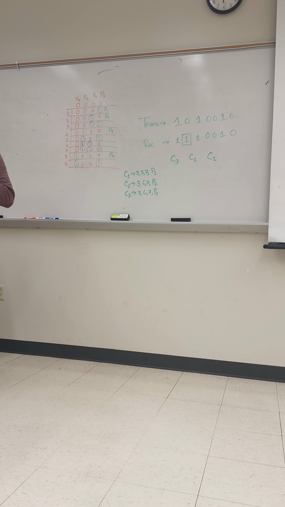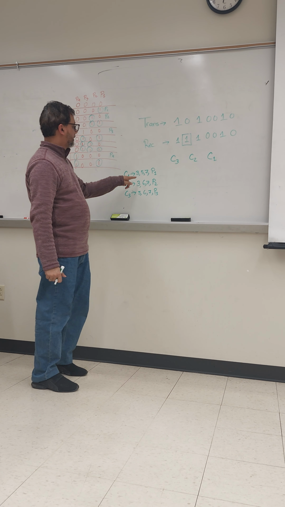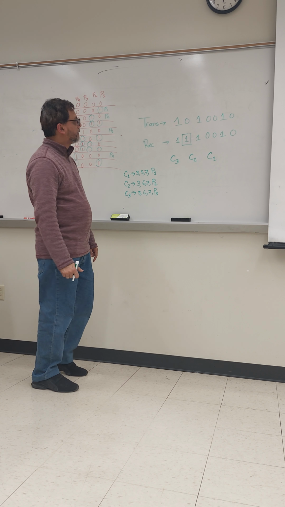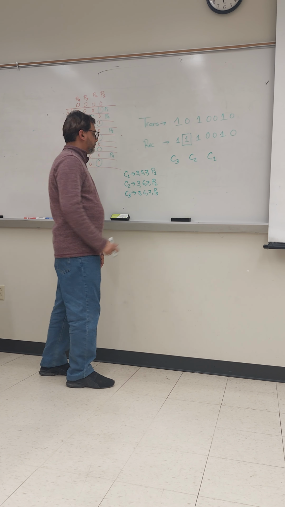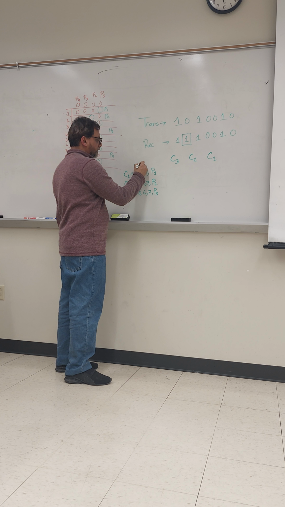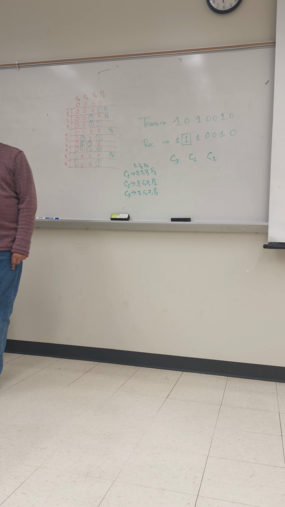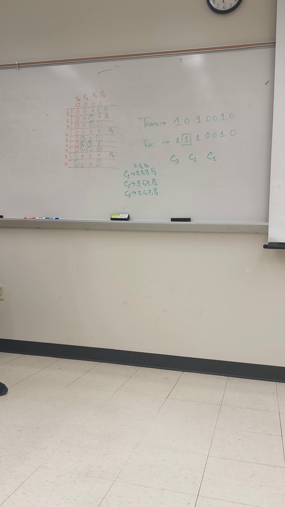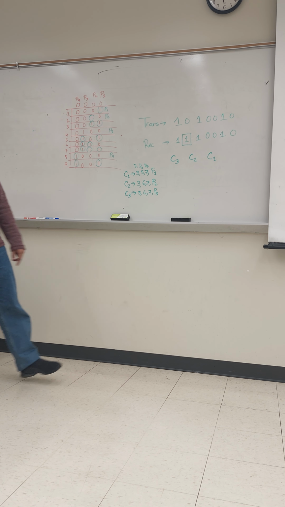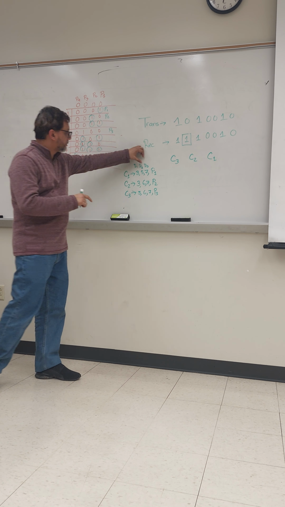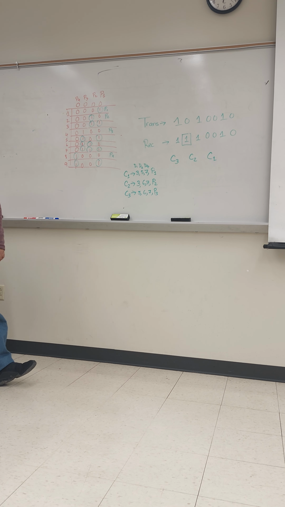So for C1 it is 3, 5, 7, P1, right? So 3, 5, 7 means data bits.